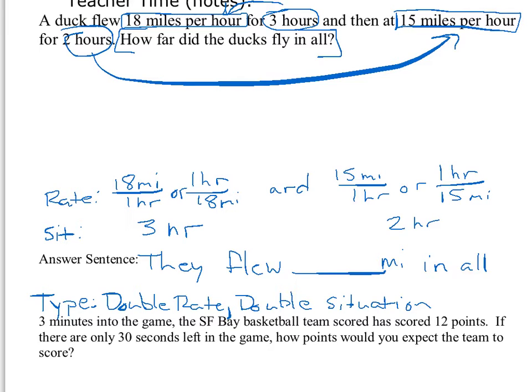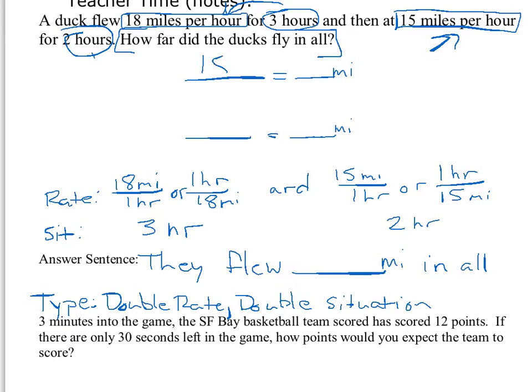We're trying to figure out how many miles. Got a little overzealous with that. I'm going to need that space. So I need to know how many miles for the first rate, how many miles for the second rate. So for the first rate, I have 18 miles per hour. That's how I'm going to get my units to line up here.